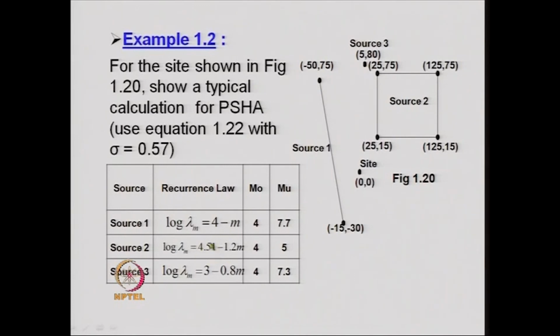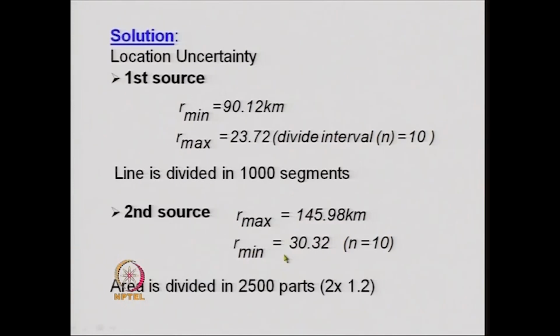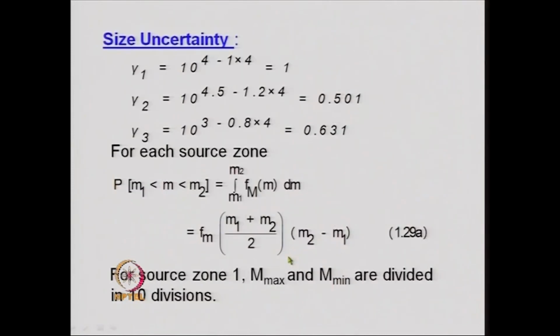For this, the value of A is equal to 4.51 and the value of B is equal to 1.2, and for this the value of A is 3 and the value of B is equal to 0.8, for the equation that I have written on the top. So using this equation one can find out the value of lambda 1, or rather nu 1, nu 2 and nu 3. This is same as lambda 1, lambda 2 and lambda 3.